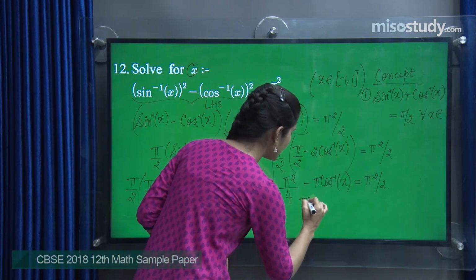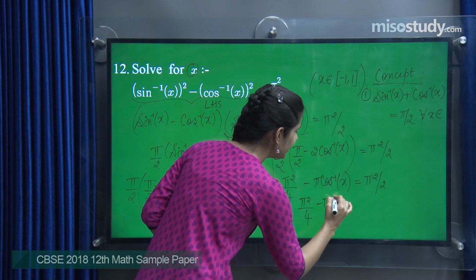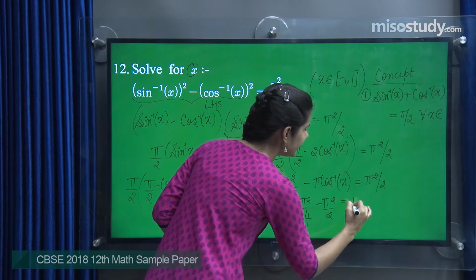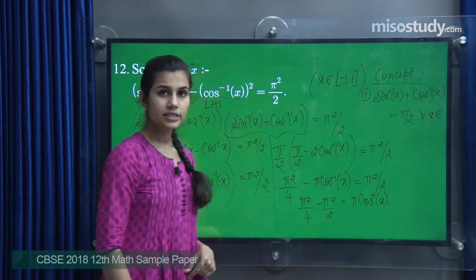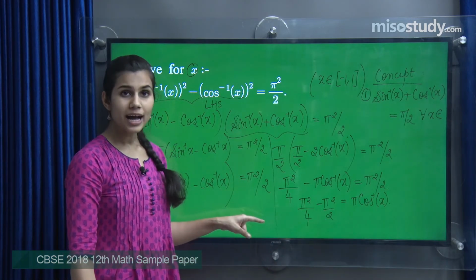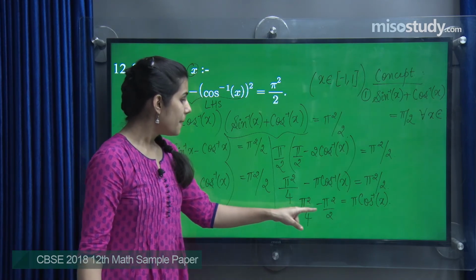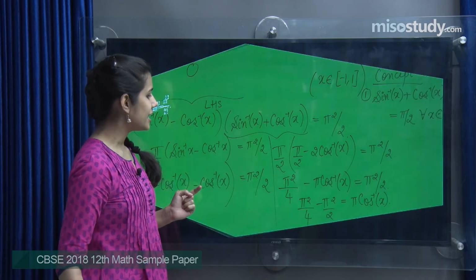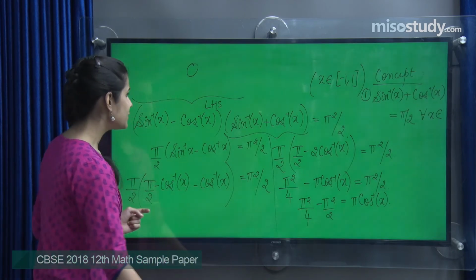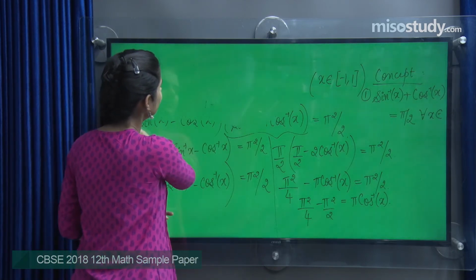You get pi square by 4 minus pi square by 2 equals pi into cos inverse x. Let's see what happens next. You have pi squared by 4.